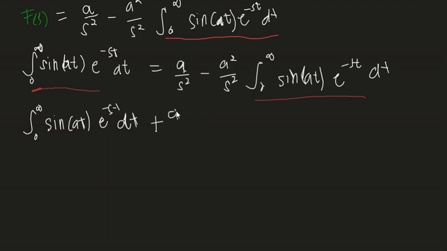So we have a squared all over s squared, 0 to infinity of your sine at e raised to negative st dt.